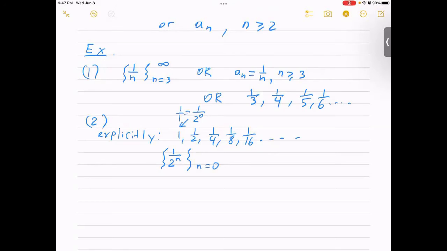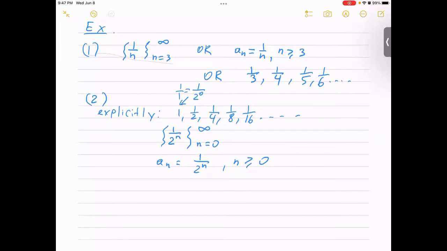So we start at n equals to 0, going toward infinity. Also, we can write that as saying the formula for an is 1 over 2 to n, and n greater or equal to 0.